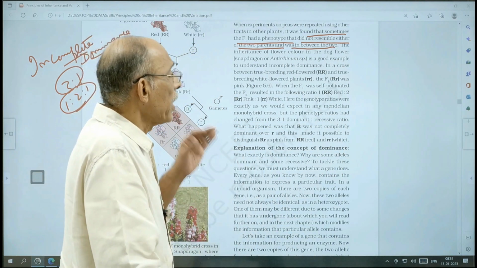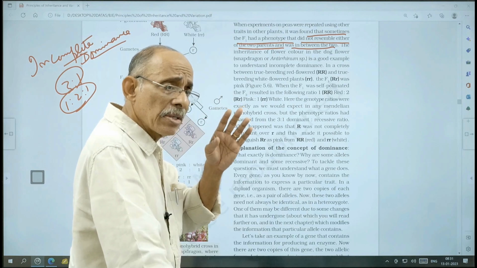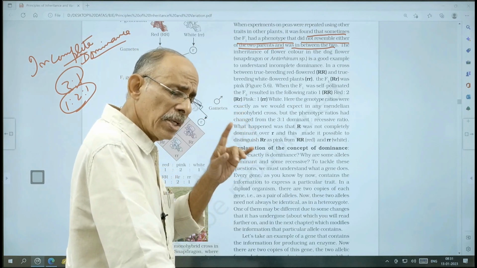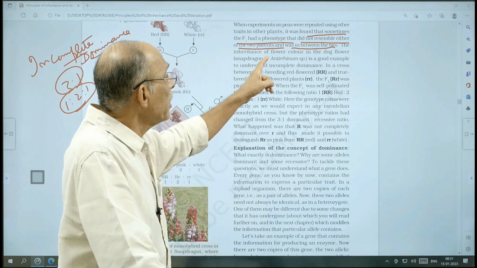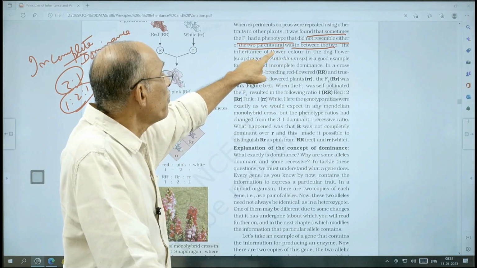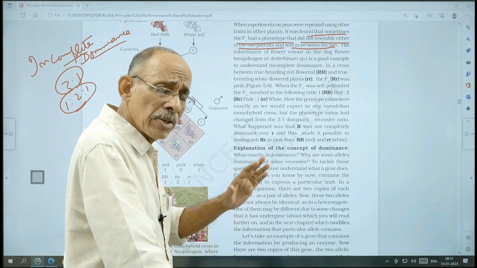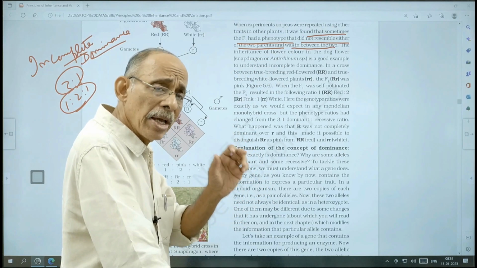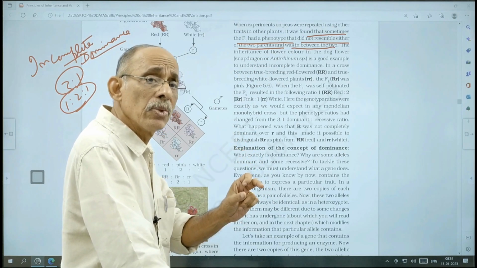In Mendel's cross, the F1 resembled one of the parents, usually the dominant parent. But in this particular case, incomplete dominance, the F1 did not resemble either parent, but the character of the F1 was in between the 2 parents.